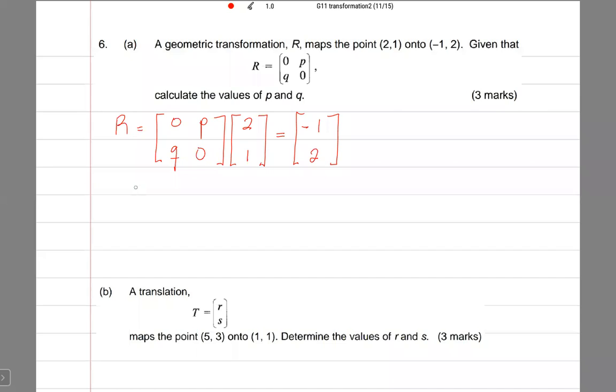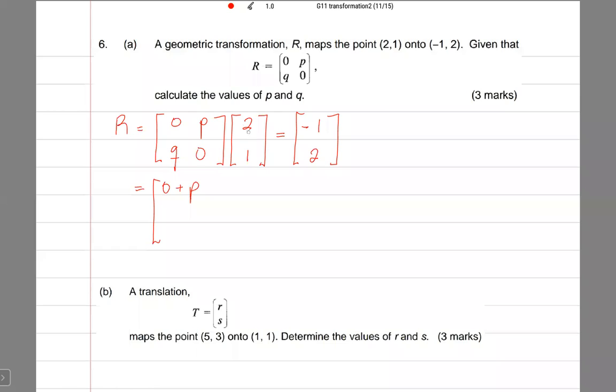So let us show some form of calculation. I'm going to multiply the two matrices, row by column. The first element in the row is 0 times the first element in the column, which is 2. 0 times 2 is 0. And then the second element in the row, P, by the second element in the column, 1. So that's plus P. Then I'm going to multiply the bottom row by the same column.